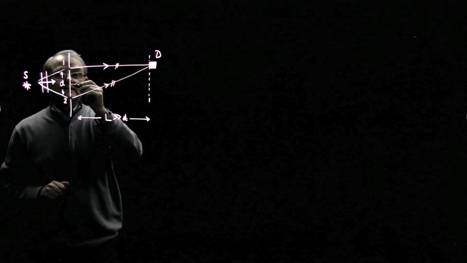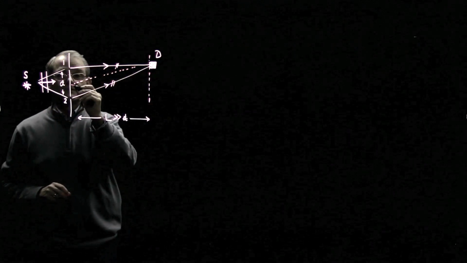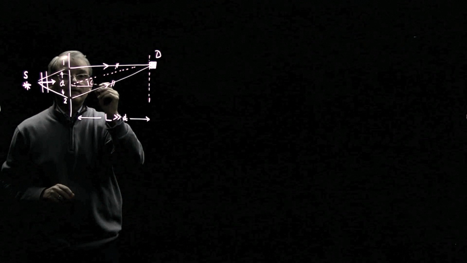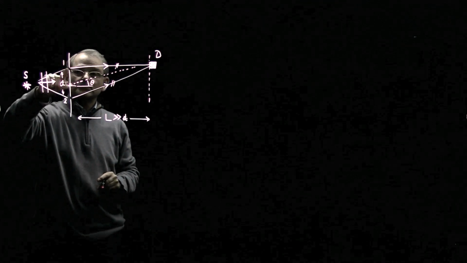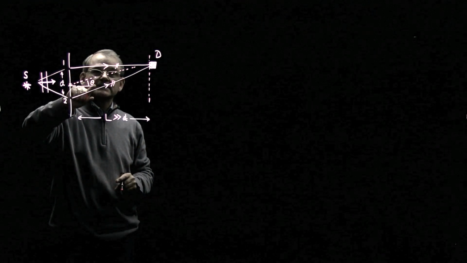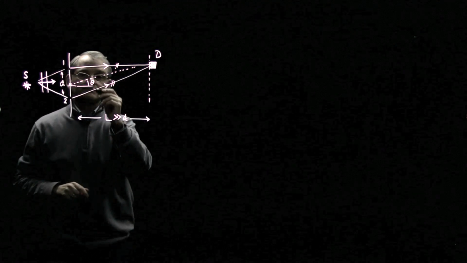This means that if I do the following construction, then the angle that the point located at the center between the two slits makes with respect to this horizontal direction here is theta.